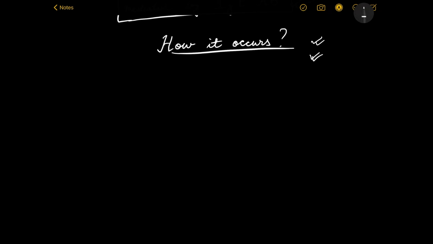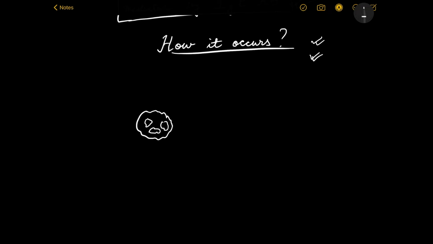In the airway system, we have certain mast cells. Let's draw the mast cells. Suppose this is a mast cell. They have granules within them containing a number of chemical mediators.